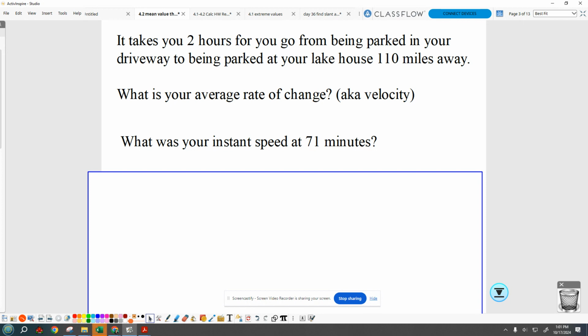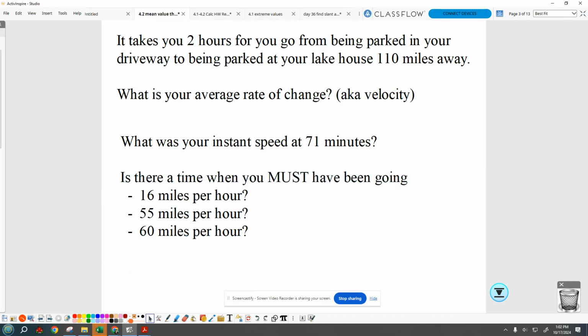By having an average of 55 miles an hour, does that mean I'm doing 55 the entire 2 hours? No, as a matter of fact, that can't be, because I started off parked, and I can't be going 55 miles an hour parked. So I had to be doing faster than 55 at some point if, starting at 0 and ending at 0, my average was 55. Do I know how fast I'm going at 71 minutes? No. That's not answerable.